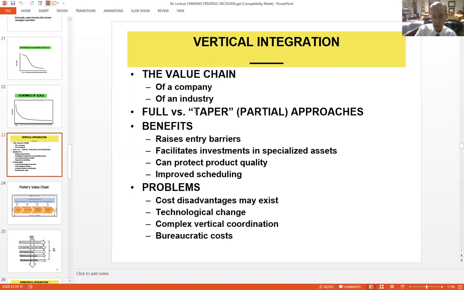We can obviously make sure that only the best ingredients are going into our product, and we can make sure that we've got the raw materials or sub-assemblies when we need them.